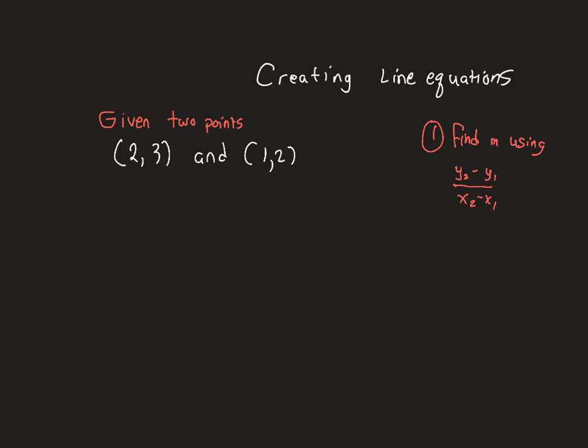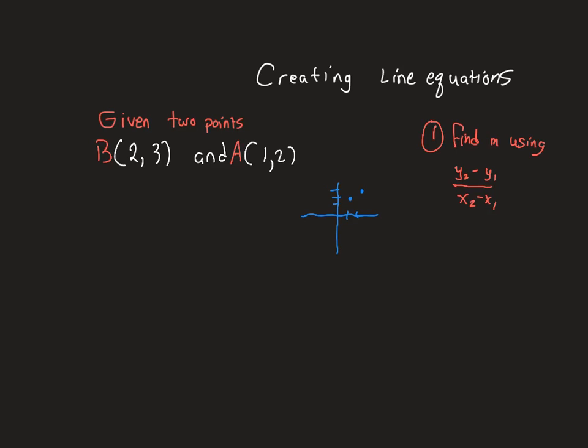Now these points are usually labeled something like A and B, but even if they aren't, you can tell which one is your first point based on thinking about how it would look on the graph. So just quickly, if I tried to graph this, I'd notice 1, 2, and 2, 3.